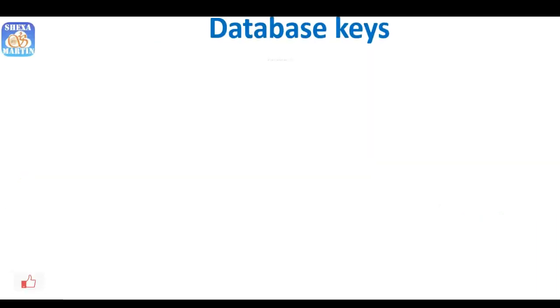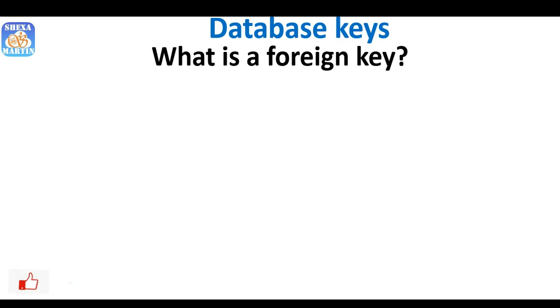Let's now look at foreign key. So what can you say is a foreign key? A foreign key is generally a primary key from one table that appears as a field in another table. I normally call the first table the parent table or parent relation, and the other table where the primary key is appearing the secondary or child table.